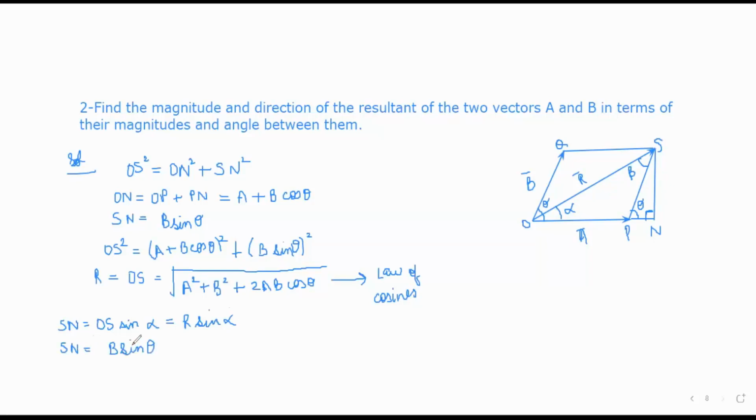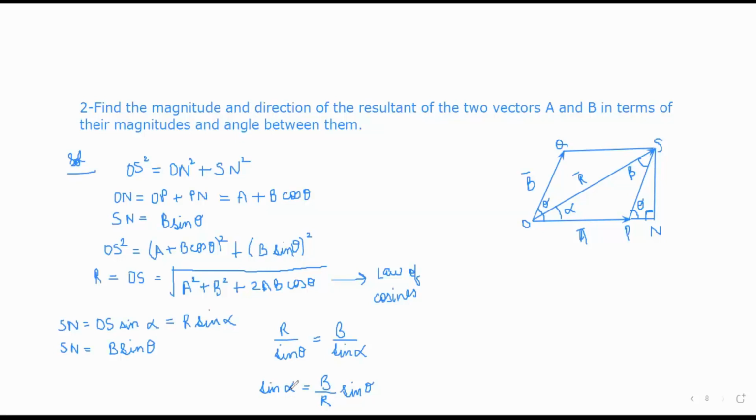Because both are equal to SN, equating them we get R by sin theta equals B by sin alpha. Theta we know, B we know, the resultant we have calculated, and alpha is unknown. So this alpha can be calculated using these values.